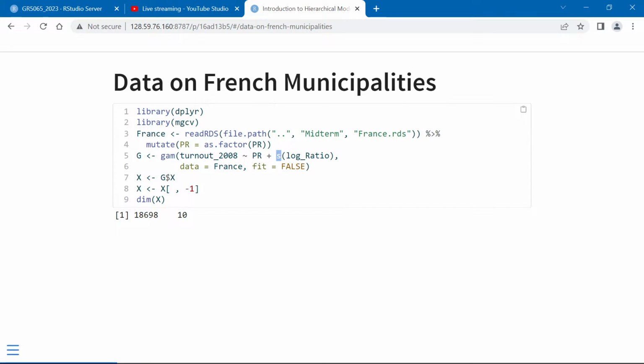So this relaxes the assumption that was made in the original paper that turnout is linearly related to the logarithm of population. And that assumption turned out to be not bad, but there was no real reason why you would want to make that assumption at the beginning.